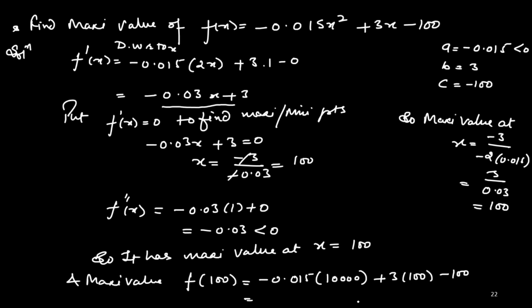After simplification, we'll get minus 150, plus 300 minus 100. So the answer is 50. So the maximum value of f(x) is 50 at x equals 100.